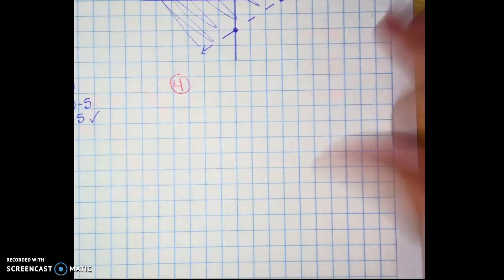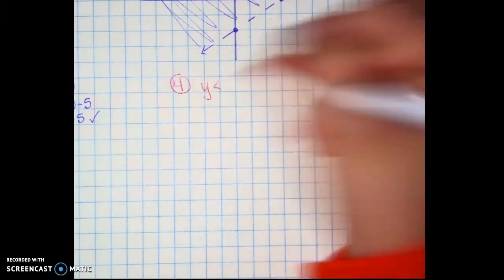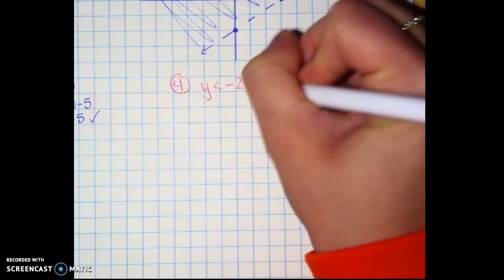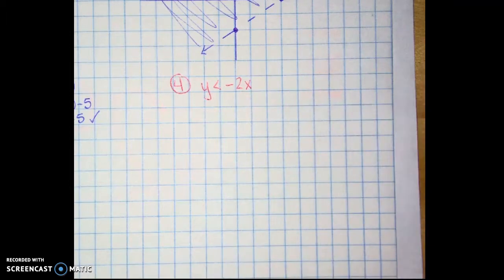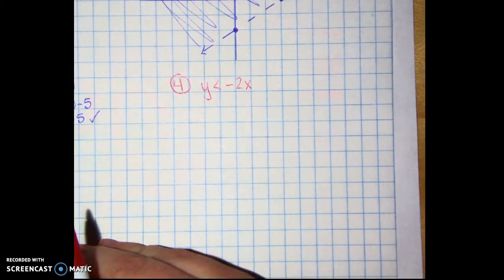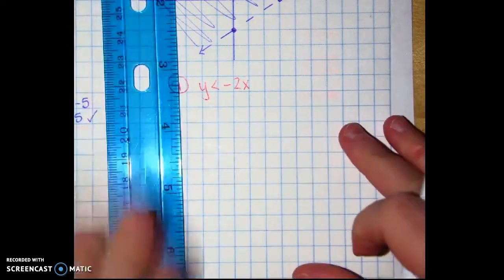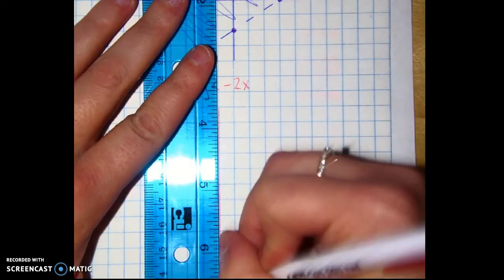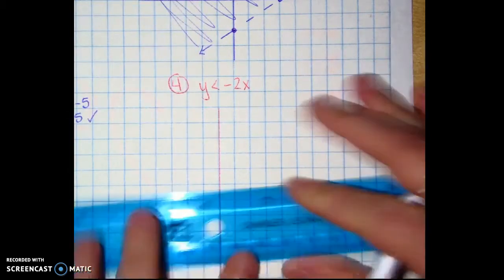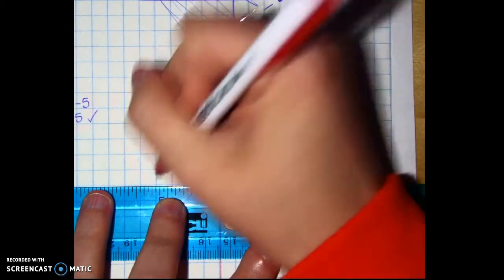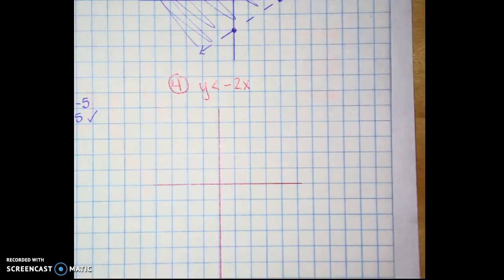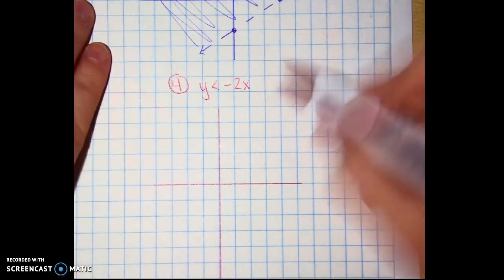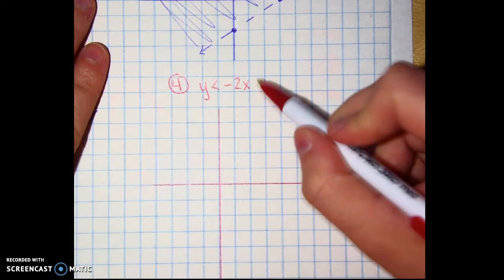This one is y is less than -2x. So I'm going to go ahead and draw my line. Okay, on this one, my y-intercept is 0 because there's nothing there.